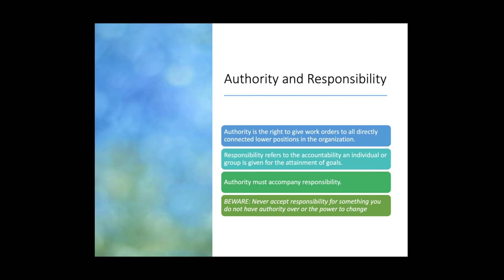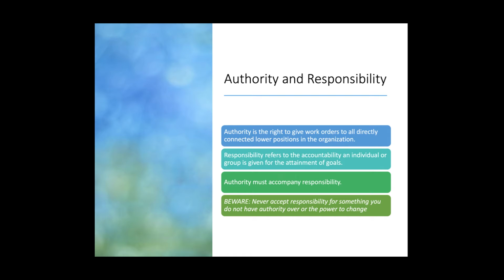Now, we do want to draw the distinction and the difference between authority and responsibility, as well as how these things are related. Authority we can define as the right to give work orders to all who are directly connected in lower positions in the organization. If the org chart says that they report to you, you have the legitimate authority to give them work orders.